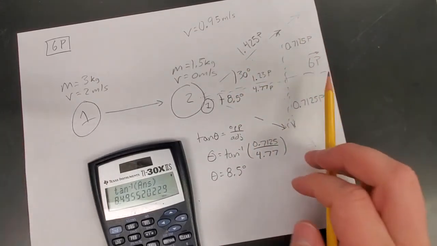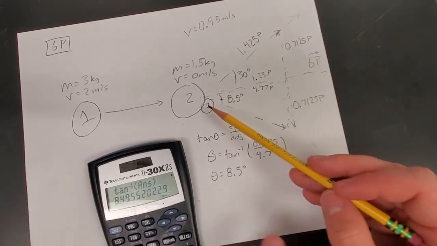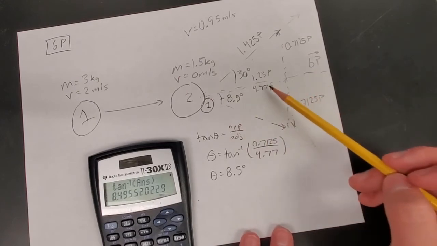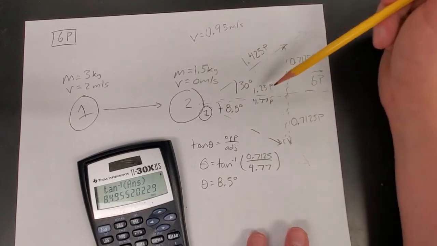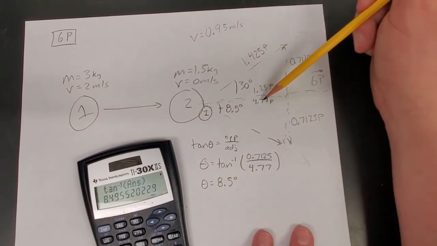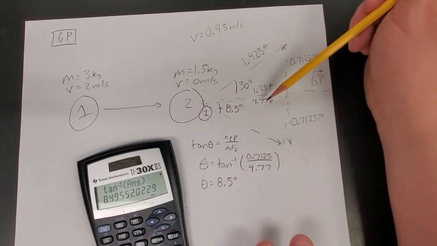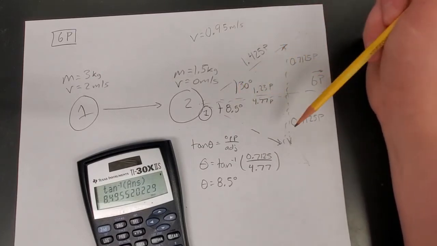8.5 degrees. Now we can find this hypotenuse, and we can find the momentum that ball 1 feels at 8.5 degrees. We can do that one of 2 ways, or one of 3 ways really. We can use the Pythagorean theorem, a squared plus b squared equals c squared, or we can use cosine, or we can use sine.